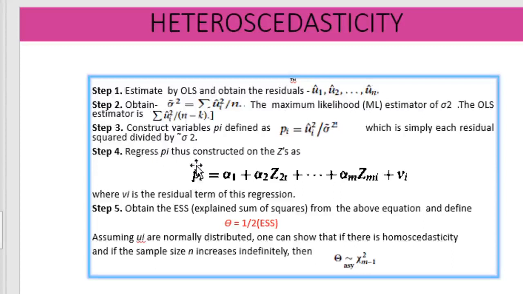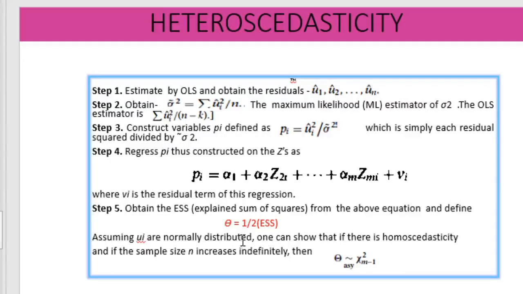Fourth, regress pi thus constructed on the z's as pi equal to alpha 1 plus alpha 2 z2 plus alpha m zm plus vi, where vi is the error term. Then obtain the ESS, that is, the explained sum of squares from the above equation, and define theta equal to 1 by 2 ESS.